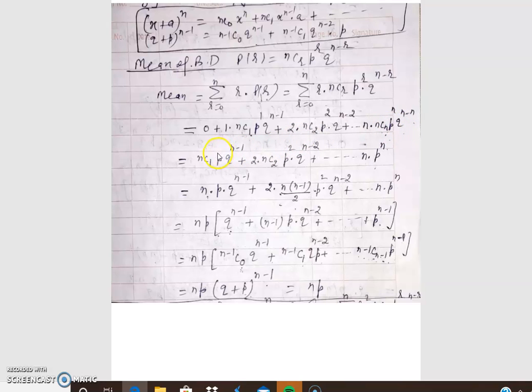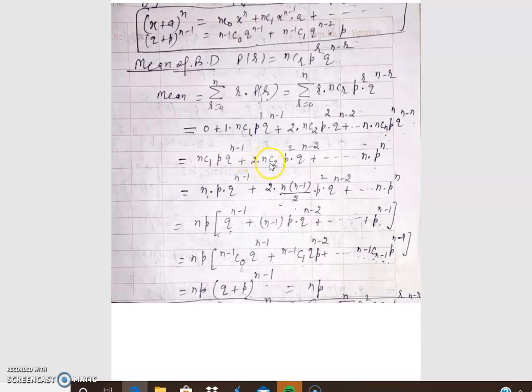What is the value of nC1? The value of nC1 is n. The formula of nCr is factorial n upon factorial r factorial n minus r. So the value of nC1 is n, and p^1 q^(n-1).